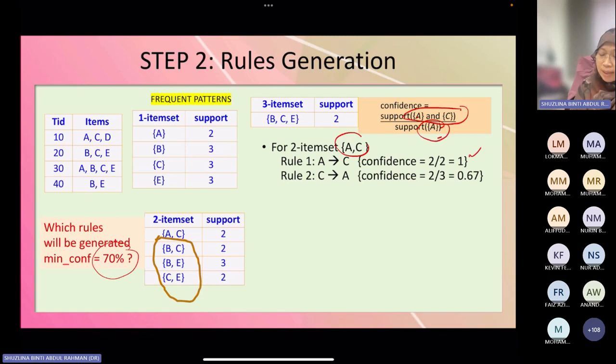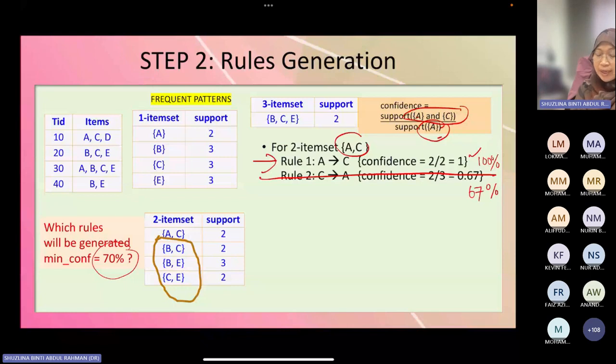And if we calculate C implies A, we will get 0.67. If we transform this into percentages, you will get 100% and 67%. So in this case, which rules will be generated? Of course, the first rule, because it satisfies the minimum threshold of 70%, and the second will not be generated.